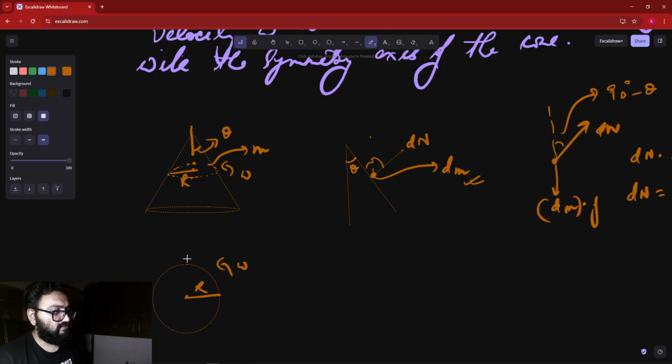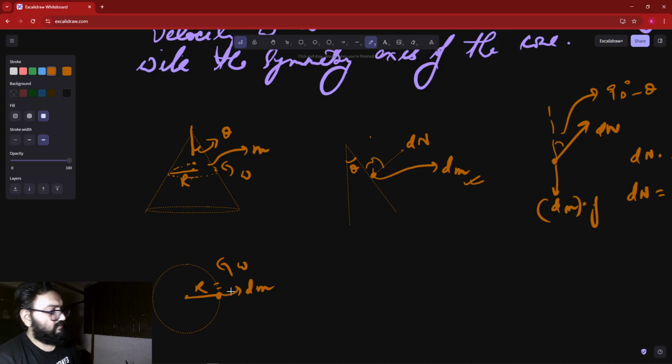Radius would be r, and I'm just looking at a small segment. I was looking at this segment, located somewhere here. Its mass is dm. So this is the top view of the chain.